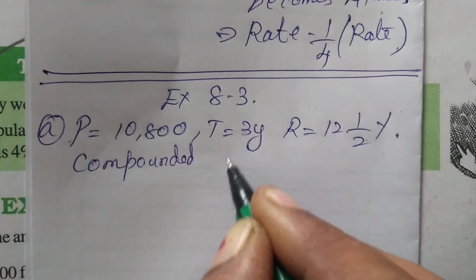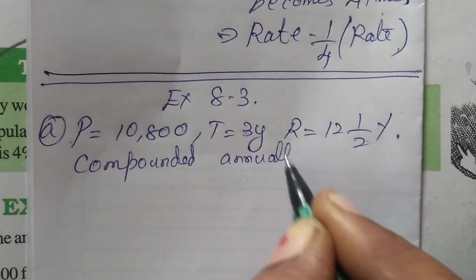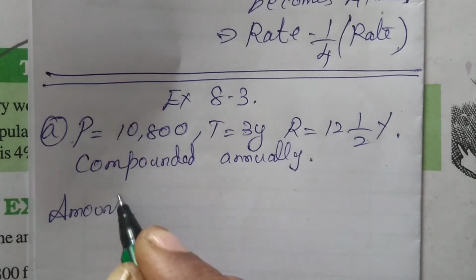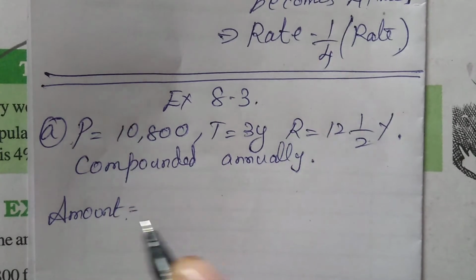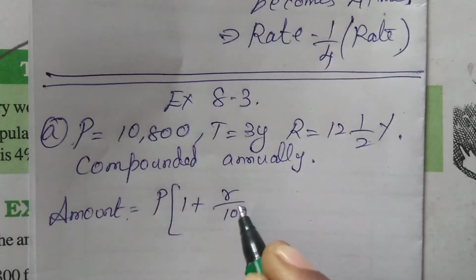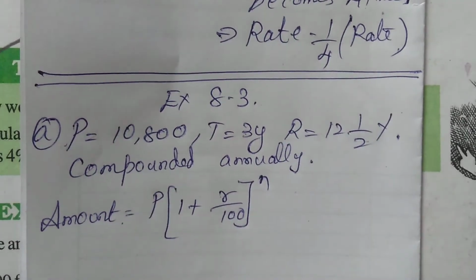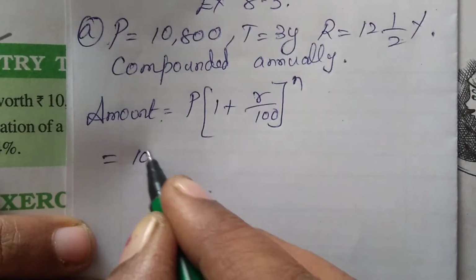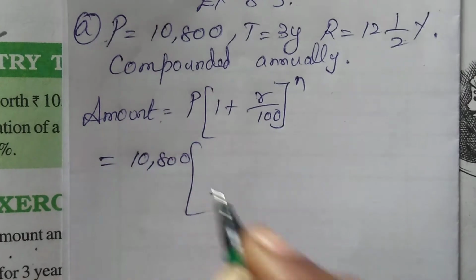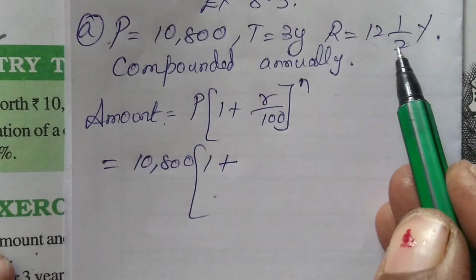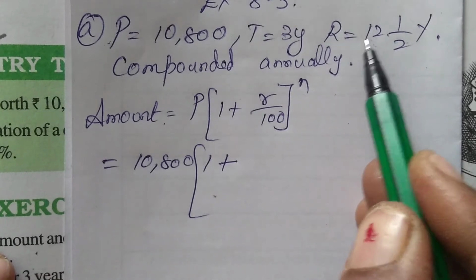Using compound interest, what is the amount formula? We have to find the amount. Amount is P into (1 plus R by 100) to the power of N. Now we will substitute based on this question. Principal is 10,800. 1 plus, here rate of interest 12 1 by 2. 2 12s are 24, 24 plus 1 by 2, we can write as 25 by 2%.